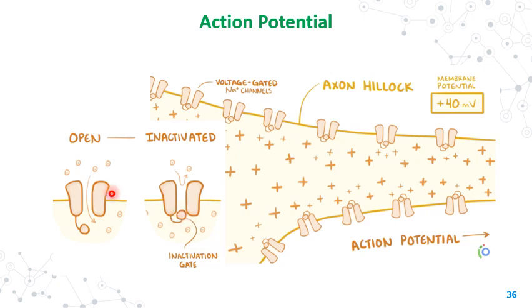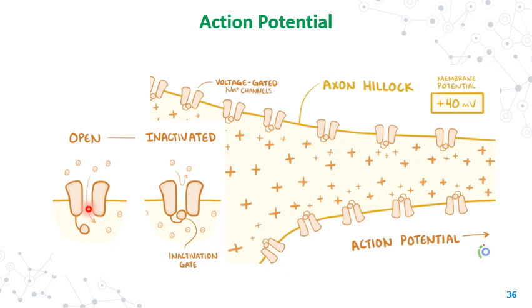This sodium channel has a little ball and chain that is going to quickly inactivate the channel once a certain time has passed and the voltage inside of the membrane has become positive, like positive 30 millivolts or something like that.